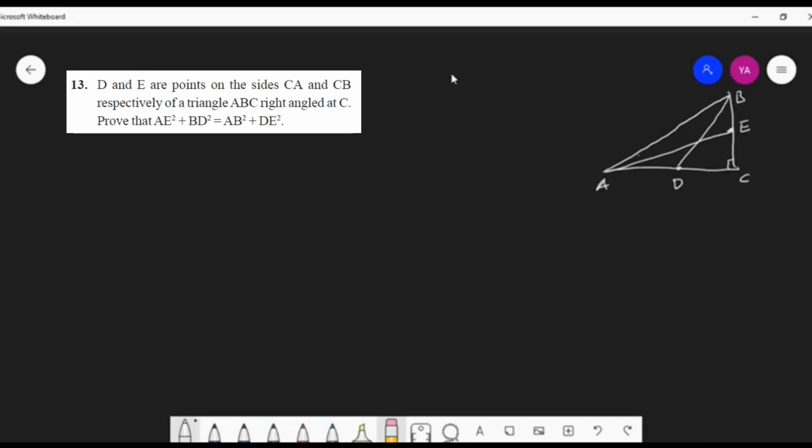DE is also there, so DE also we can connect. So we can form a third right triangle EDC. ABC is a right triangle, right-angled at C, and E and D are some points on BC and AC. Connect BD, AE, and DE.